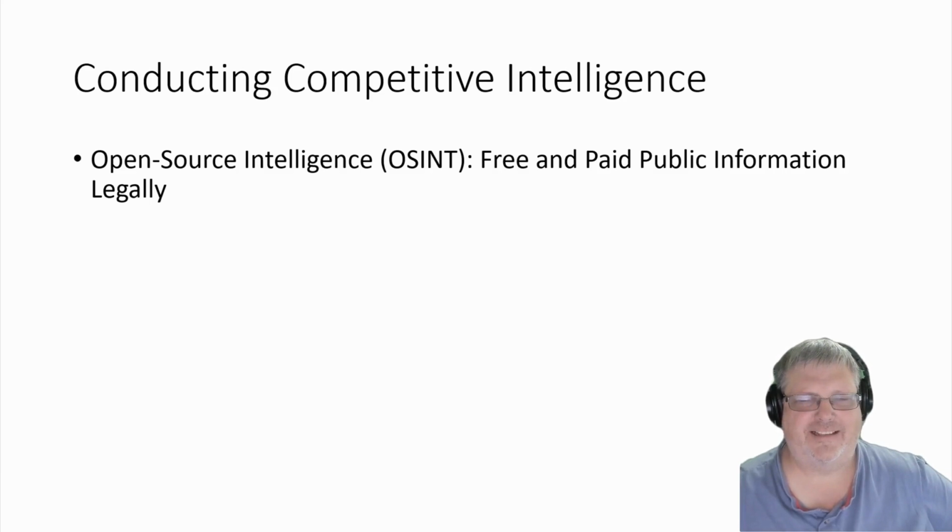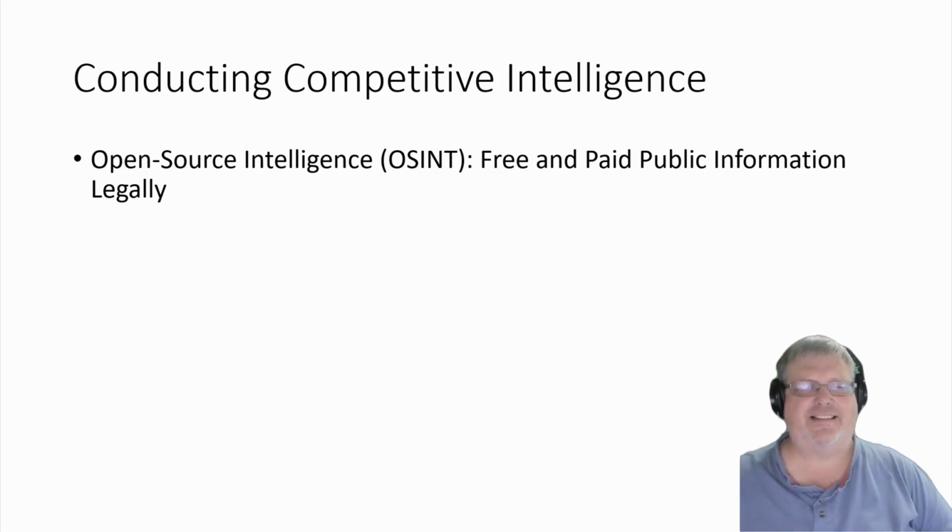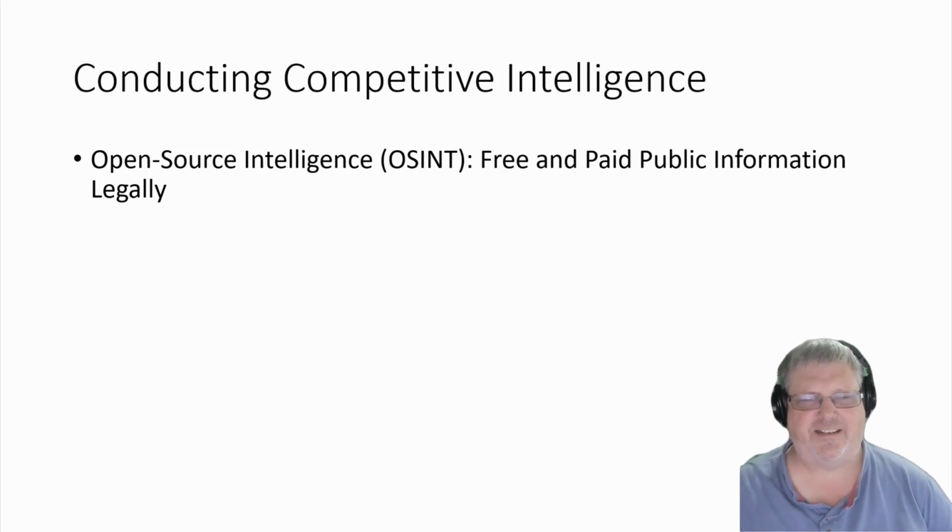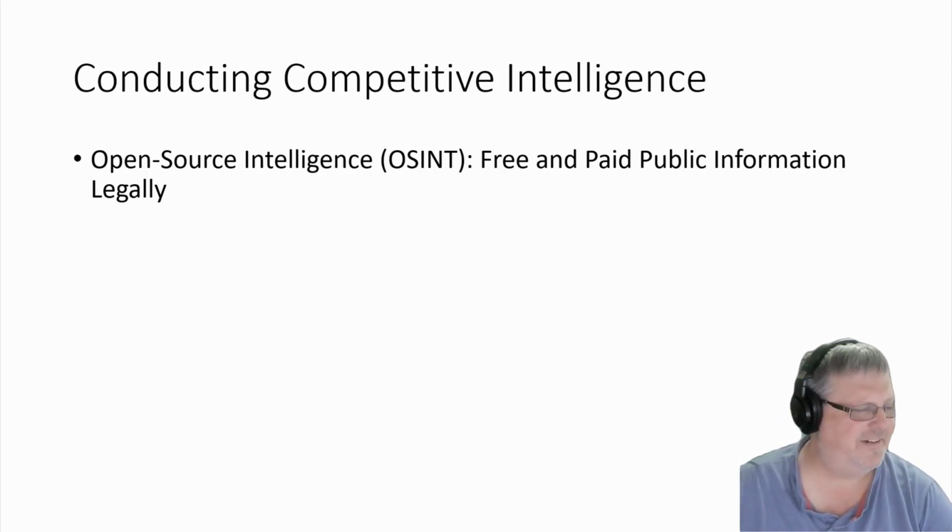OSINT provides free and public, or paid public, information that you can obtain legally. These include court documents, birth certificates, marriage licenses, addresses, names, phone numbers, and email addresses.